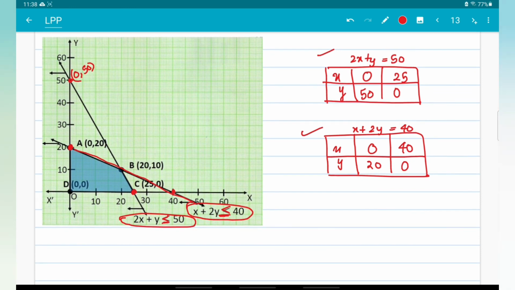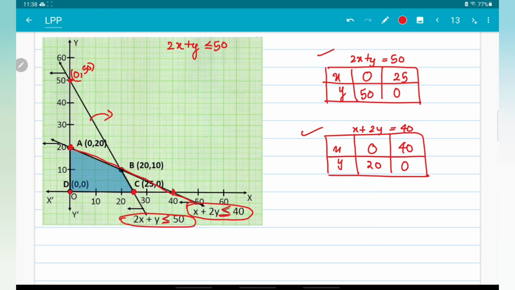So now that I have plotted these graphs, I'm going to check for the feasible region. Again let me take the point 0, 0 and check. My first inequality was 2x plus y less than or equal to 50.